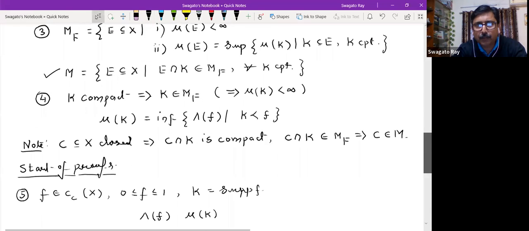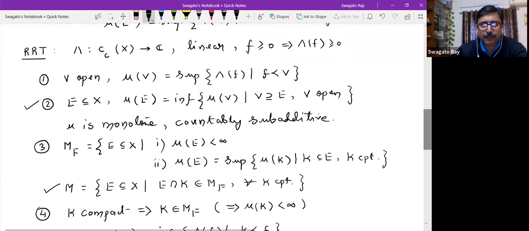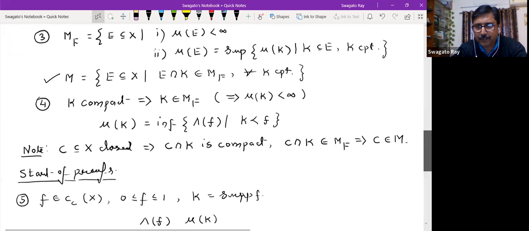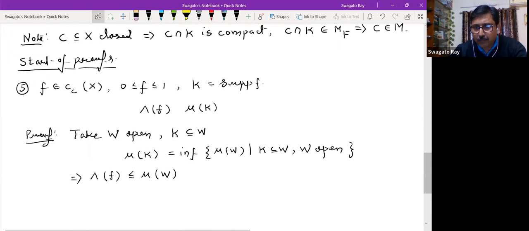I go back up to show you, for an open set, how is it defined? It is the supremum of λf where the support of f is sitting inside V. Right? Now, W is an open set which contains K, but K is the support of f. That means λf is less than or equal to μW.